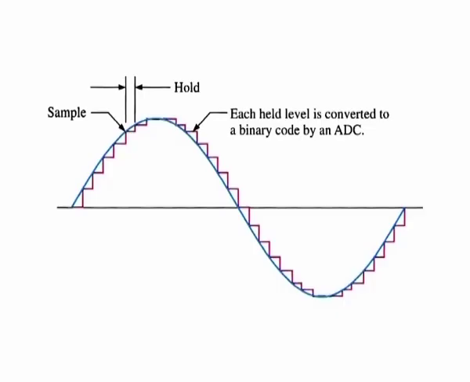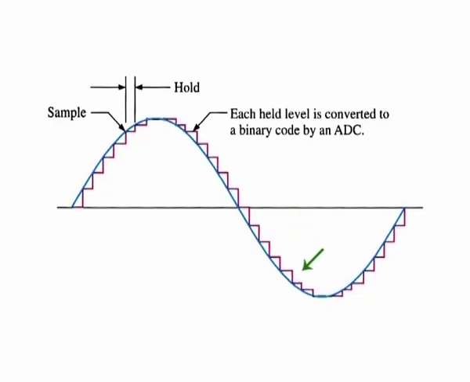As illustrated for the case of a sine wave in figure, a digital signal processing system first translates a continuously varying analog signal into a series of discrete levels. This series of levels follows the variation of the analog signal and resembles a staircase.